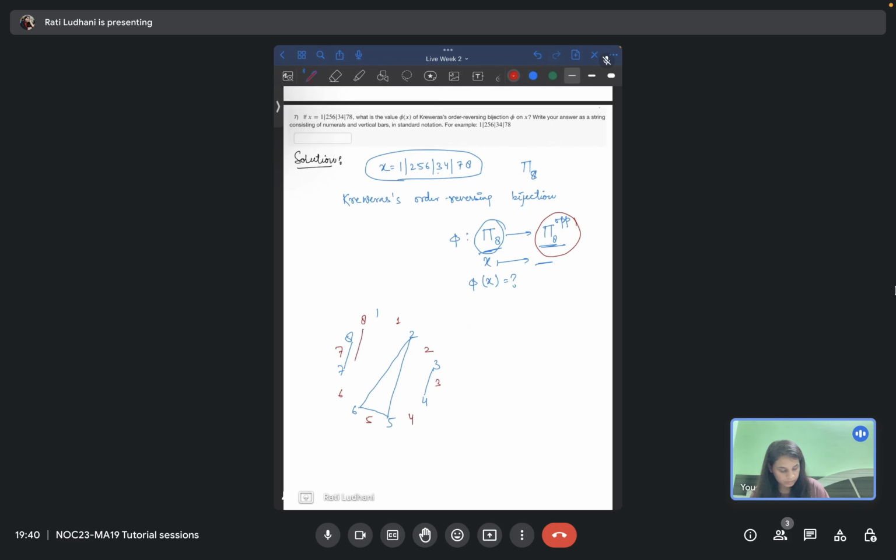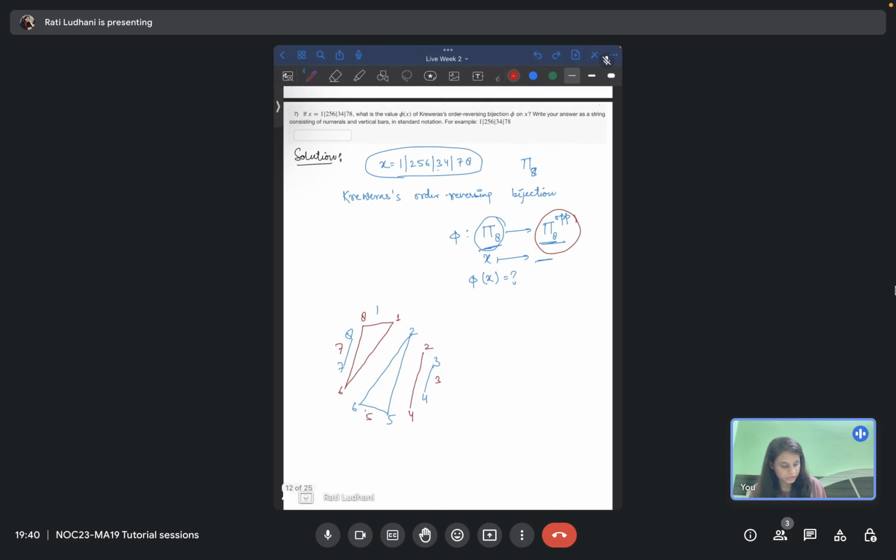So you can have this, right? The biggest 7 cannot go anywhere because you cannot cross it. Similarly 2, 4 you can have, but 3 and 5 will not go anywhere because it has to cross the 5 6 line, and 7 has to cross the 7 8 line. It's like that. So this pi x should map according to this.